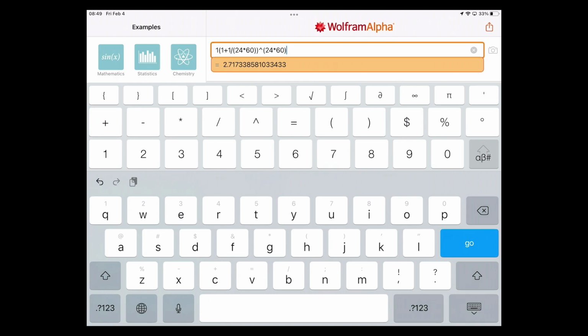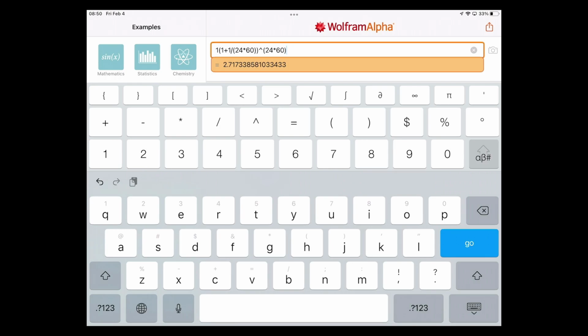Right. And do you notice that that number is going up, but is it going off to infinity like maybe you expected it would? No, it's going off to, does anybody, yeah, 2.71? Anything seem familiar there?